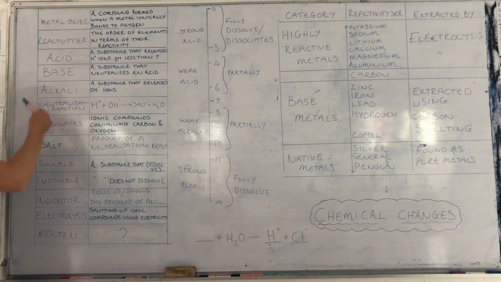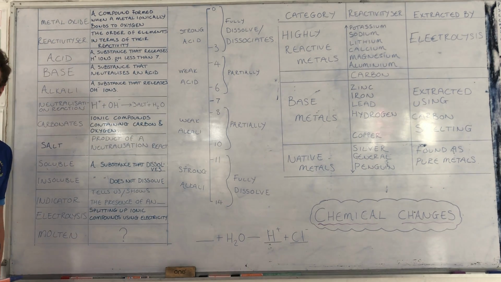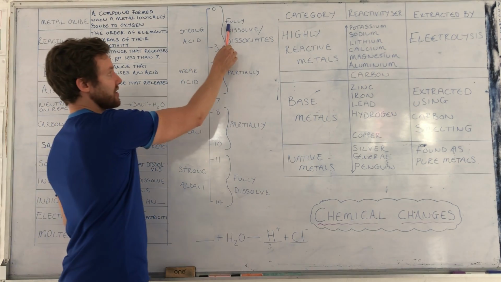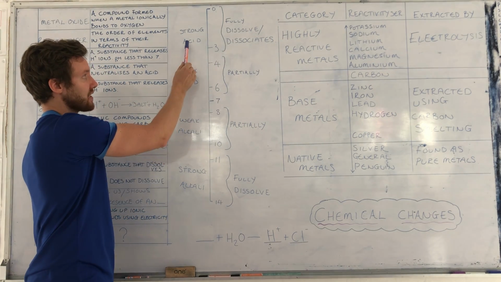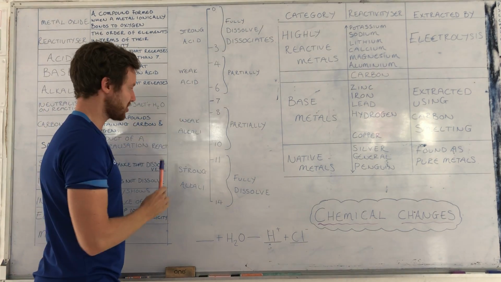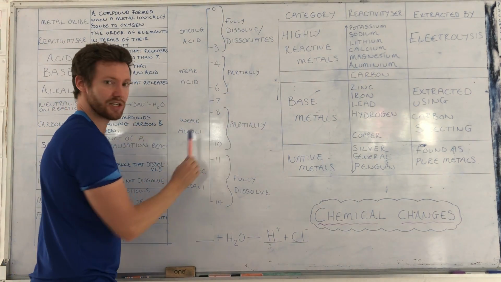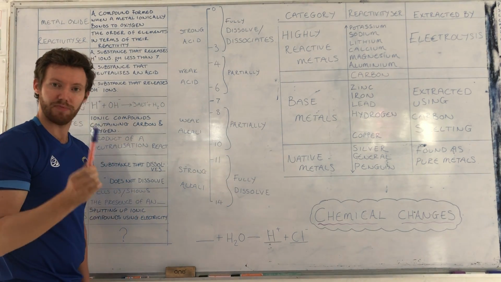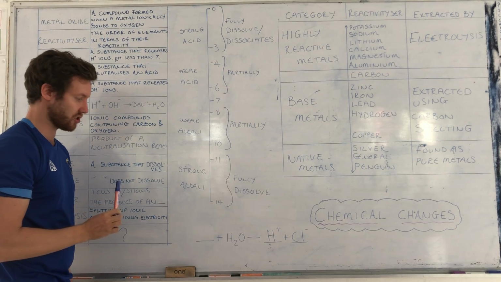Lots of definitions here. What is our definition for this key term molten? Can you find out that? We looked at the dissociation. Water has strong acids, they fully dissociate. Weak acids partially dissociate. Weak alkalis partially dissociate. Strong alkalis fully dissociate. And your challenge, I did challenge number 1 for you.